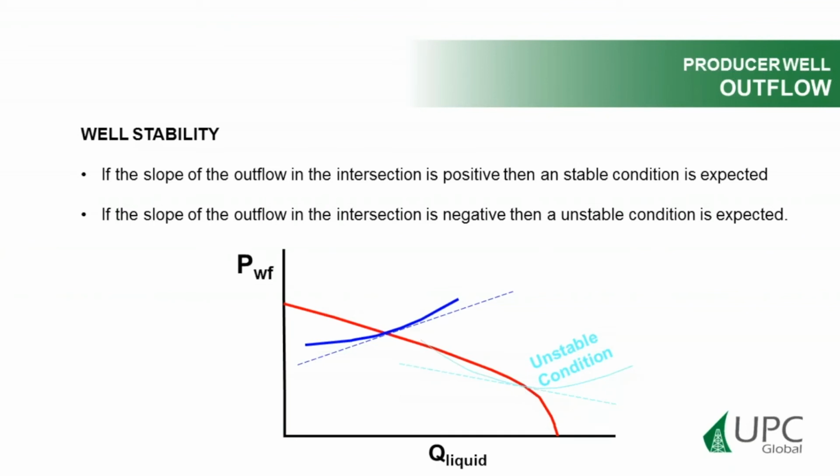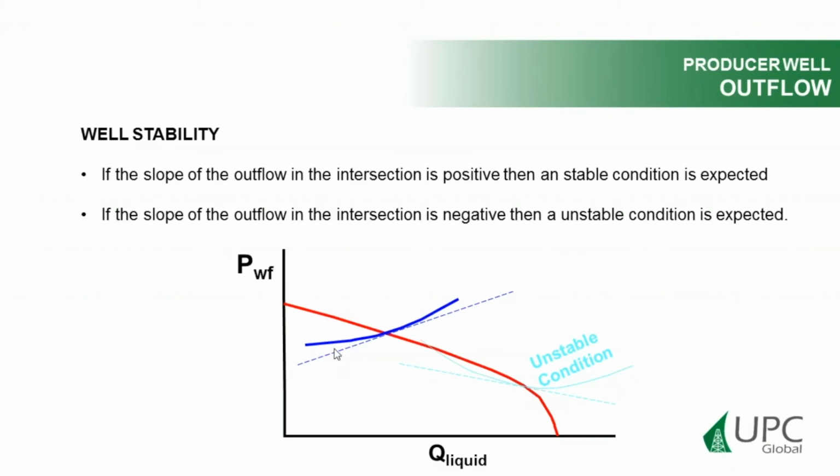What does this mean? Why is this unstable? This is unstable because the well is loading liquid at the bottom. So sooner or later, it's not going to maintain the same condition.